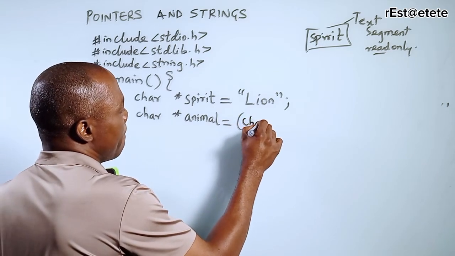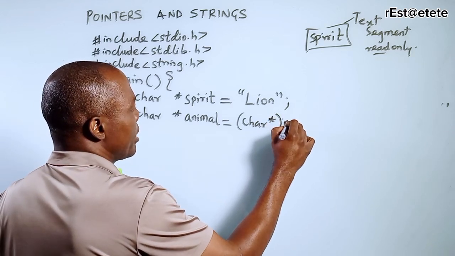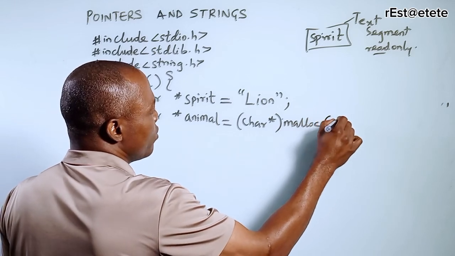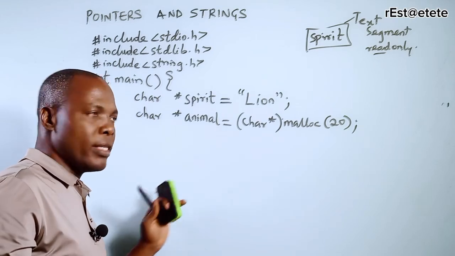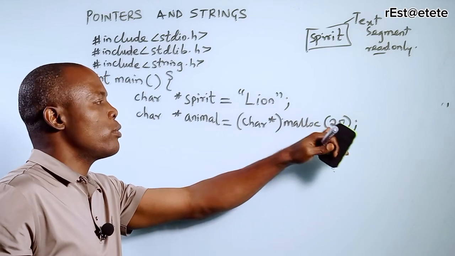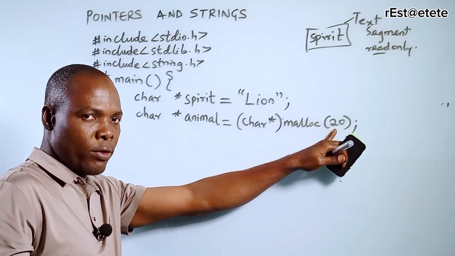So char, typecasting, what? I will call my malloc function, and I will assign 20 to it. So what this means is I am giving this space to whatever name I'm going to call. So lion should be able to occupy the space I am going to allocate in the physical dimension.